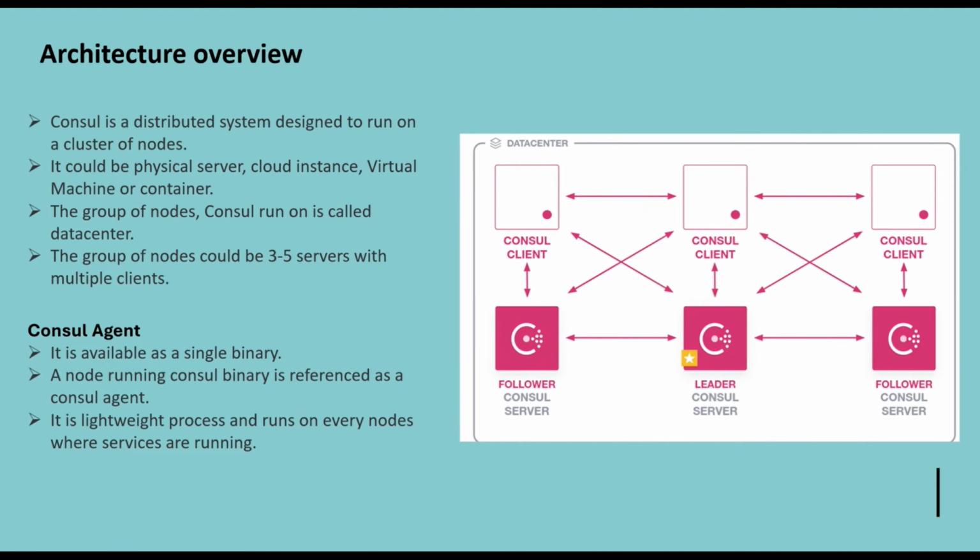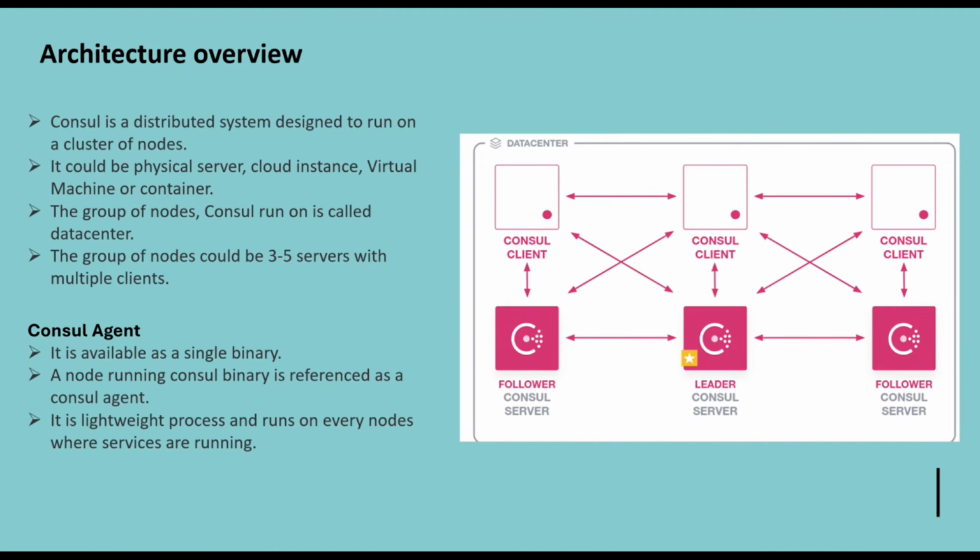The same happens here: to form the Consul data center, we must have a set of nodes, which may be 3 to 5 servers. Once you have 3 to 5 servers and install the Consul binaries there, it acts as your Consul cluster, and you can call it a Consul data center. This is what I am referring to here.